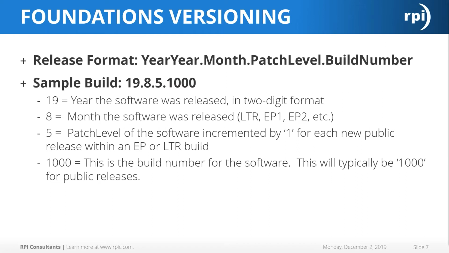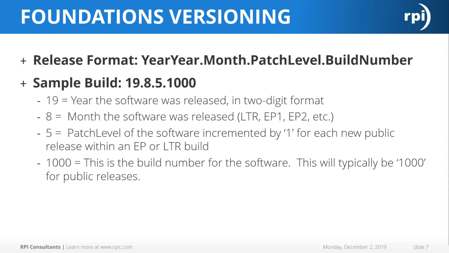So if you've looked at the new versioning, I just kind of wanted to go over how the release format looks. So one of the samples I'm using is version 19.8.5.1000. So their release format is in year, month, patch level, and build number. So in the example I provided, 19 would be the year the software was released in a 2-digit format. The number 8 is the month the software was released.